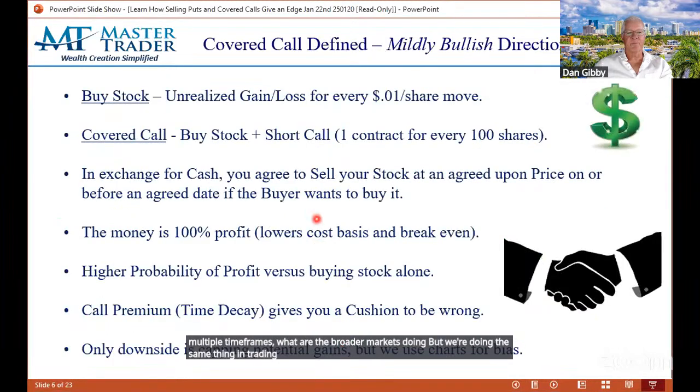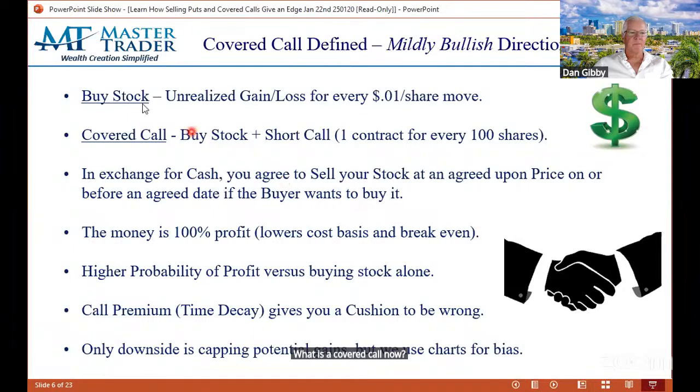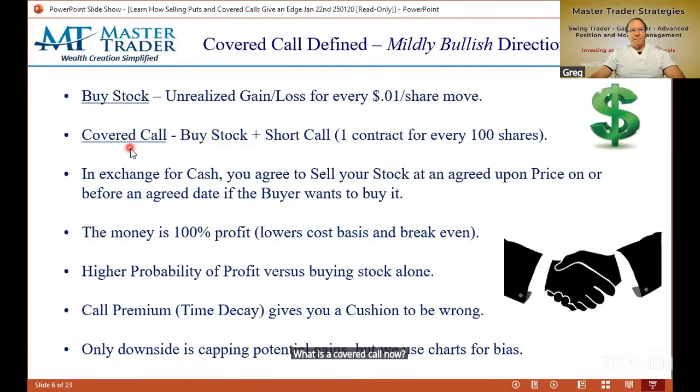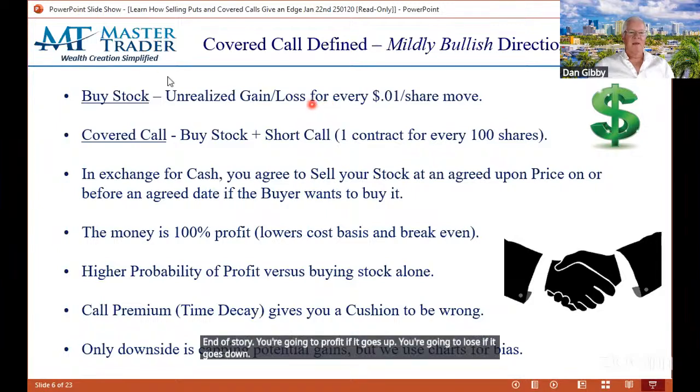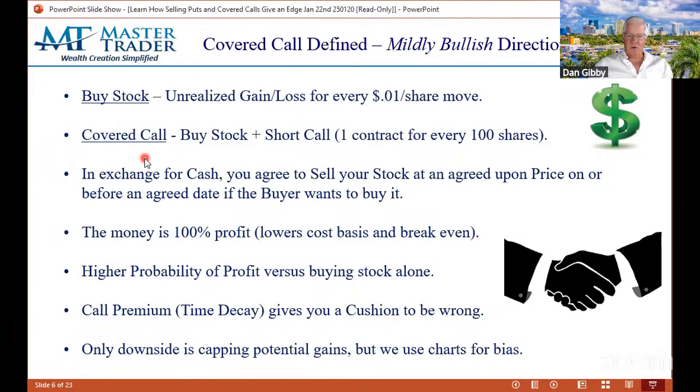Let's continue. What is a covered call now? Well, let's start with buying stock. You buy stock, you just buy however many shares you want. End of story. You're going to profit if it goes up, you're going to lose if it goes down. A covered call, if we do this at the outset, you put your order in with your broker.